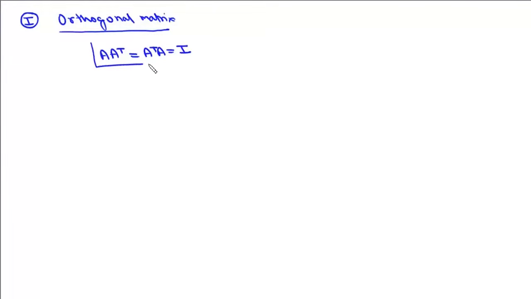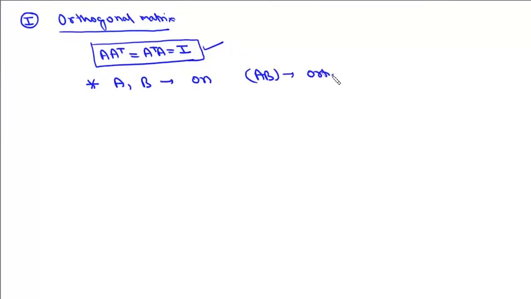So if we multiply A with its transpose or transpose with A, and the result is an identity matrix, then we say the matrix is an orthogonal matrix. And here we have one more result, which is if A and B are orthogonal matrices, then their product AB is also an orthogonal matrix. And in the same way, B is also an orthogonal matrix.